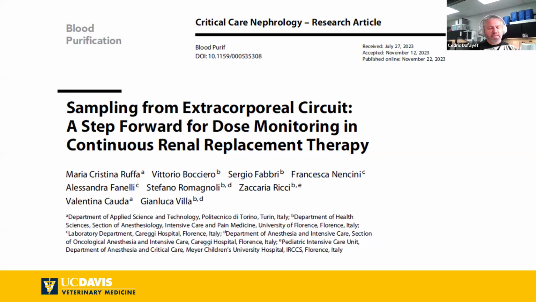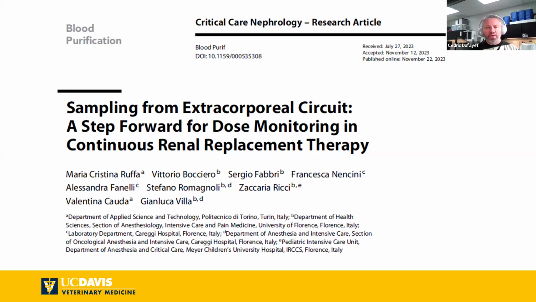Meaning that if you set your machine to deliver a 25 mL per kg per hour treatment, for example, because that's how CRT is prescribed in people, you should take some blood and effluent samples during your treatment to check that you're actually delivering the prescribed dose. And if there's any discrepancy, try to adapt your prescription and understand what's happening within your circuit. So that was the starting point of that paper.